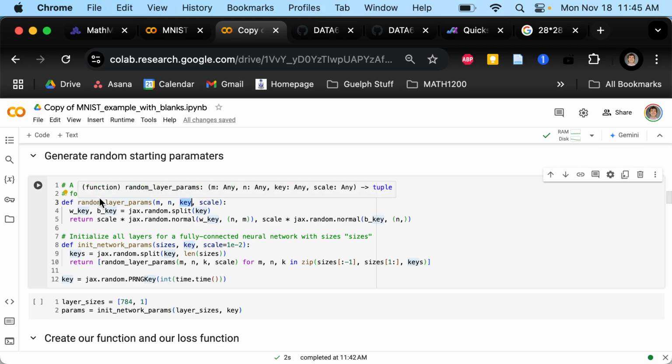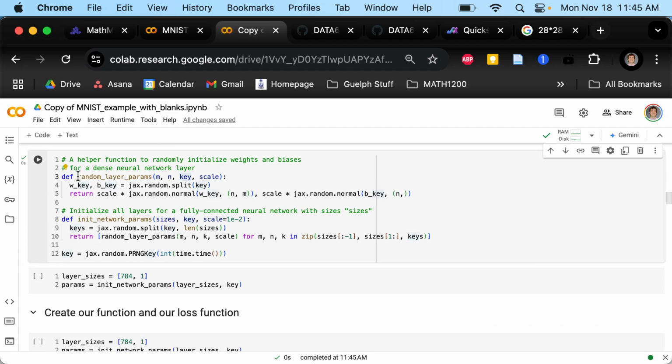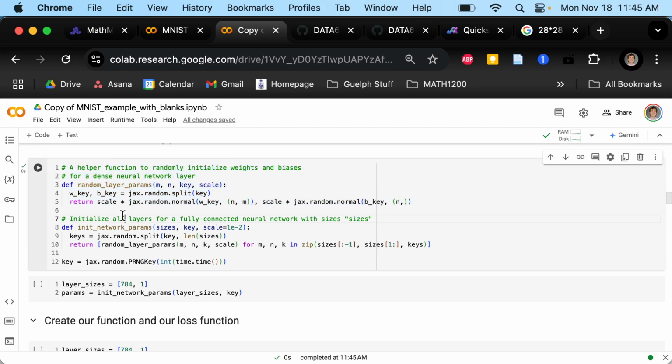But JAX has this interesting property that there is no true randomness. Everything has to be a deterministic function of everything else. And that's why we pass around these keys. So technically, it's not random. It just depends on what time it is. But these random keys, they are used to make the random numbers. And that's what I did. Okay, so I'm not going to go too into how this thing works, but it makes some random numbers and initializes the thing.